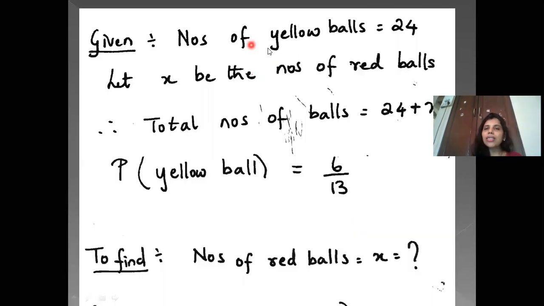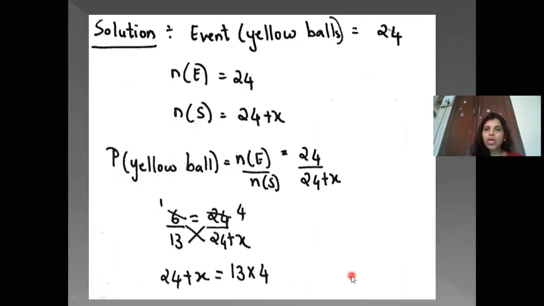So let the number of red balls be X, and the number of yellow balls is given to us as 24. So the total number of balls is 24 plus X. Now the probability that the ball is yellow is 6 upon 13. To find the number of red balls, we have to find X.